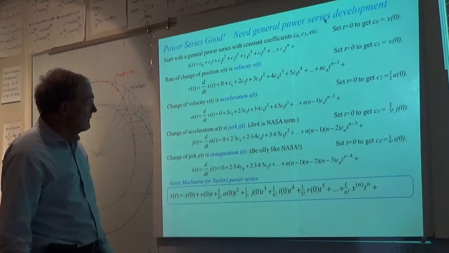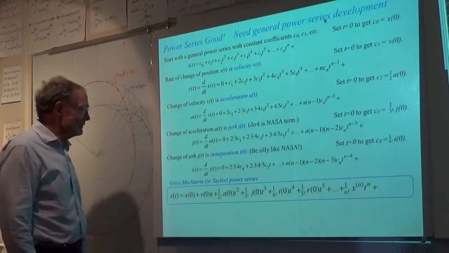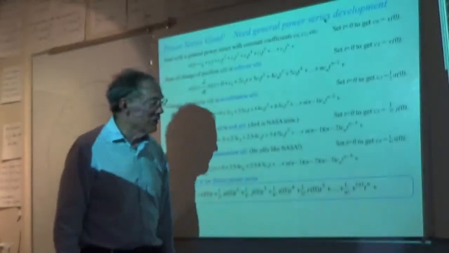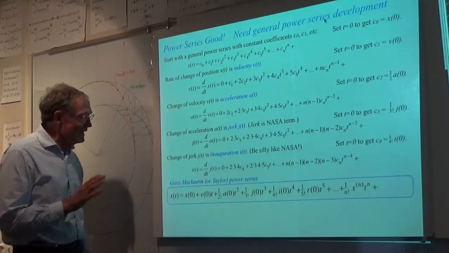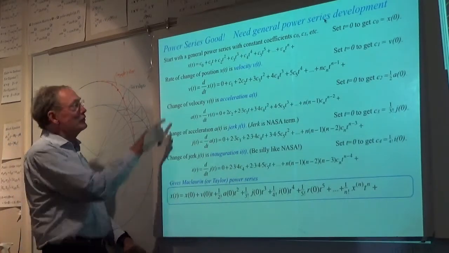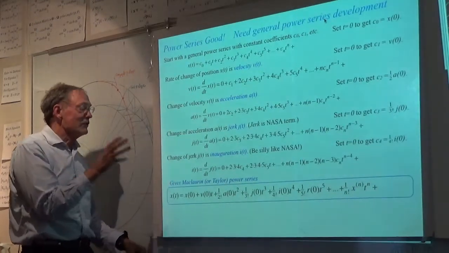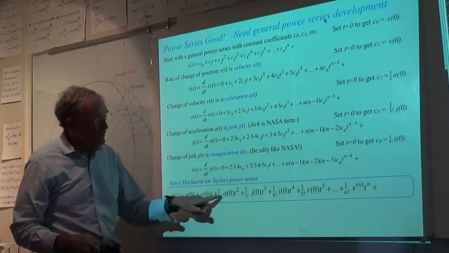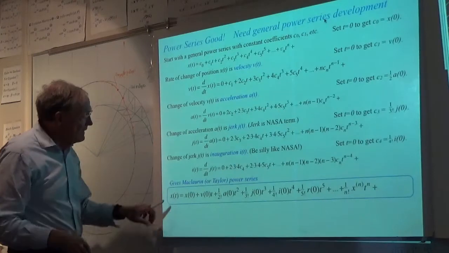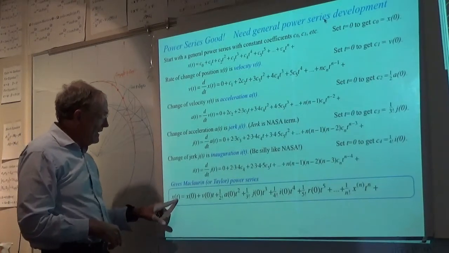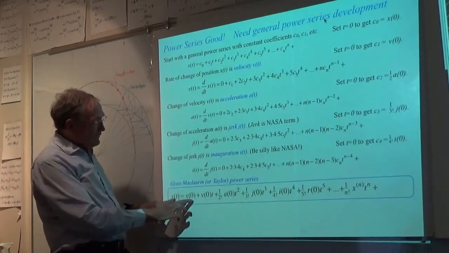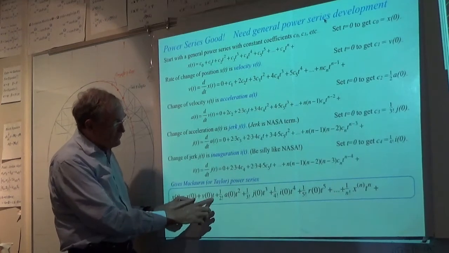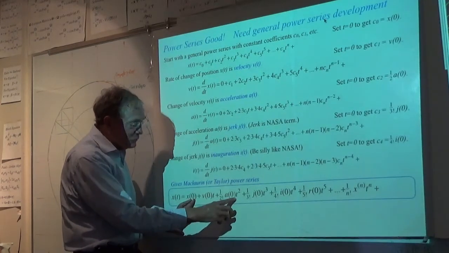And you can go ahead and make more names like revolution for the next one and so forth, but let's just call it a day here. This is a really amazing series when you think about it, because what it's saying is that if the position that you're so interested in mechanics is in fact a function of time that can be written as a series, then at an initial time I have here something that involves x of 0, but then at a later time it involves v of 0 times time, and still later I've got to worry about this one, and so on.